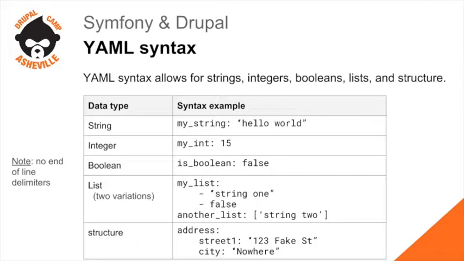You can follow that classic PHP array looking syntax where you've got brackets and strings and commas. Or you can indent one and put a dash. And this is one item in the list, and this is a different item in the list. Two different syntaxes for the exact same thing, convenience. And then you have structures, which are just objects, and all it is is nesting more data. So if you continue to indent and nest, you're creating structures.